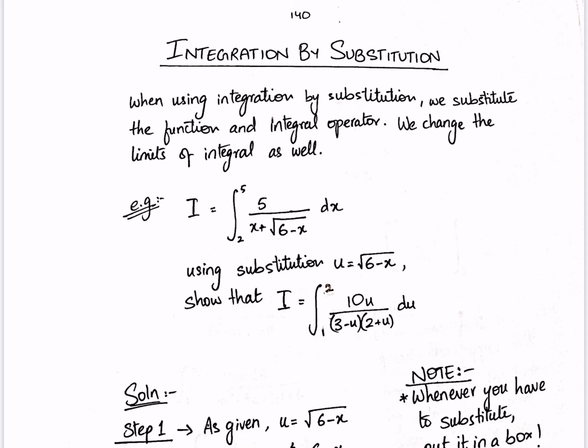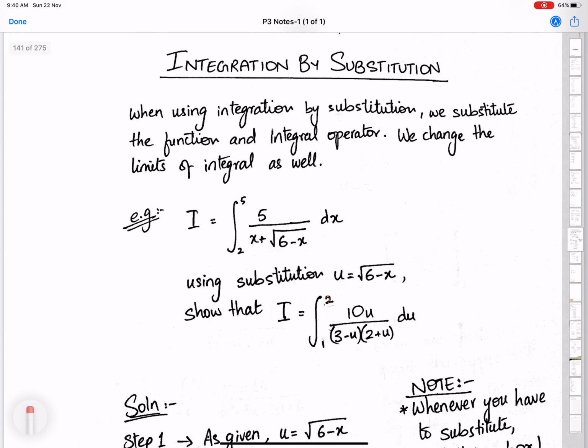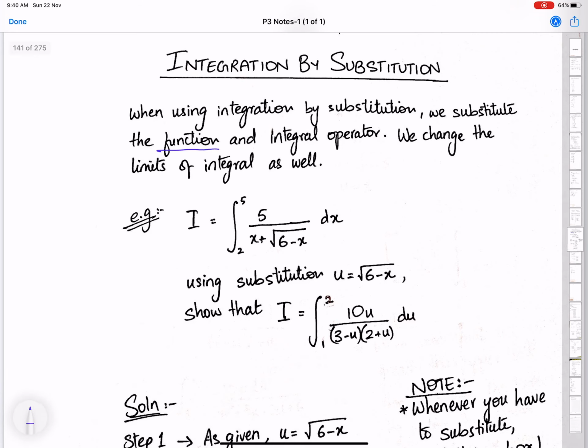When using integration by substitution, we substitute the function, we substitute the integral operator, which is dx, and we change the limits. So make sure for definite integrals you substitute the function, substitute the integral operator, which is dx, and you must change the limits.